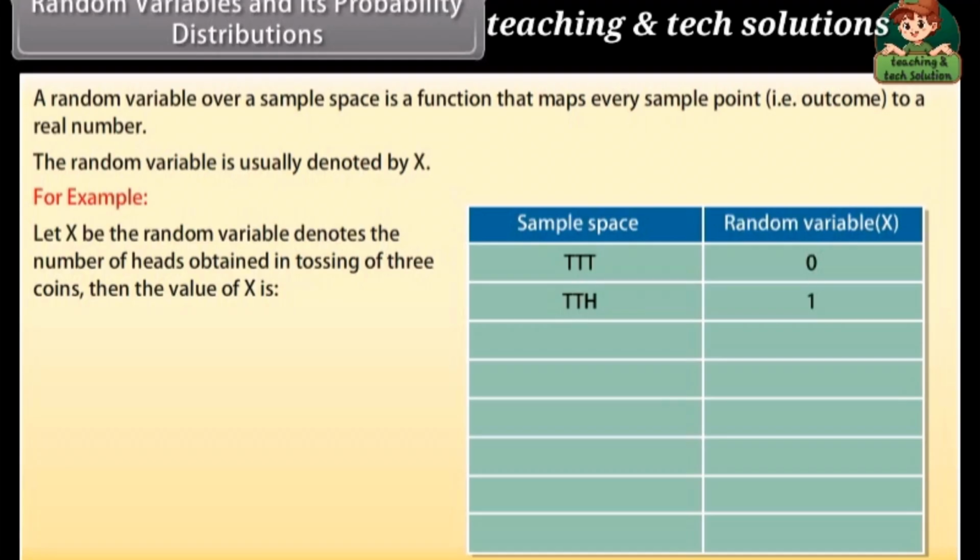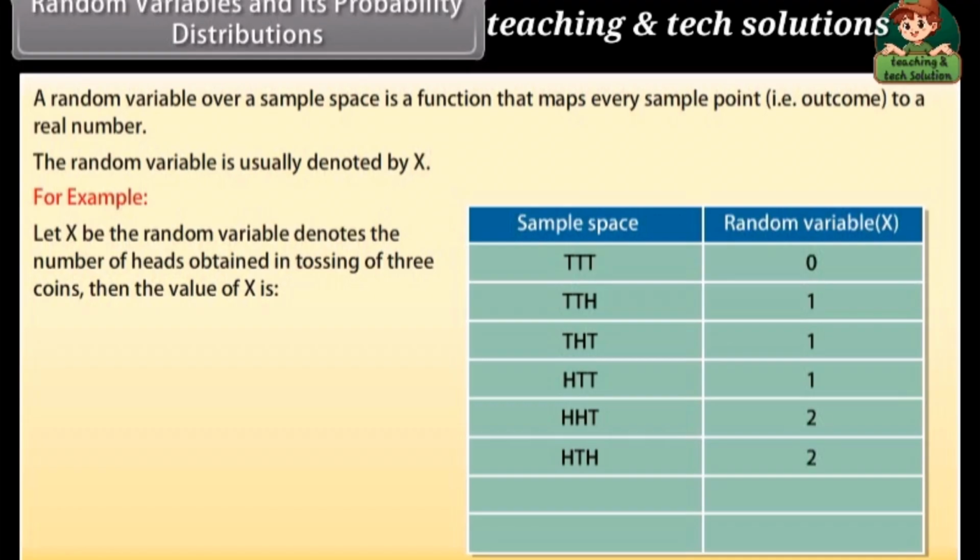For T, H, T, the value is 1. For H, T, T, the value is 1. For H, H, T, the value is 2. For H, T, H, the value is 2.